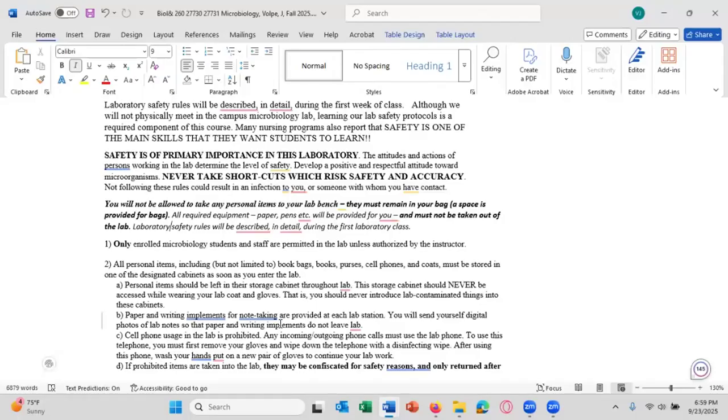If ever we're working with chemicals which can be harsh, meaning they can damage your eye if you splash them into it, you have to wear safety goggles. Usually, other than the Gram stain, we do not have harsh chemicals in the lab which require the use of safety goggles, but maybe once or twice we do.